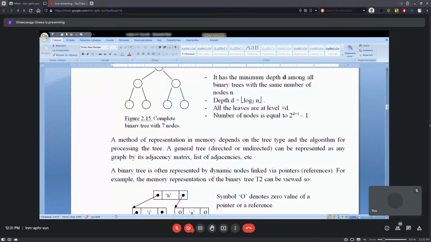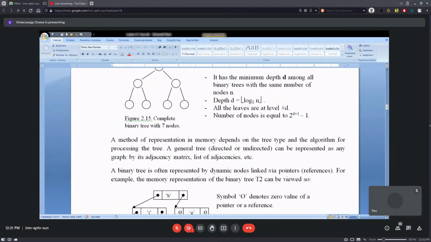Dynamic nodes are created when the program runs, not declared at the stage of compilation to be allocated memory by a compiler. Dynamic nodes are allocated memory when the program is running, and they are allocated memory by the operating system at the request of the program.